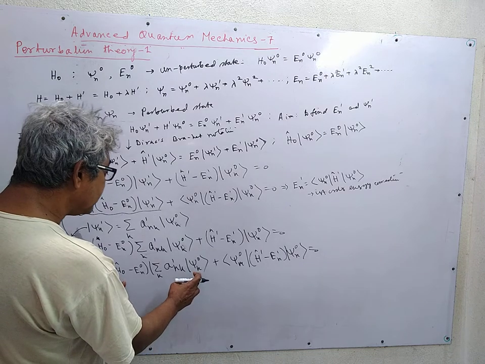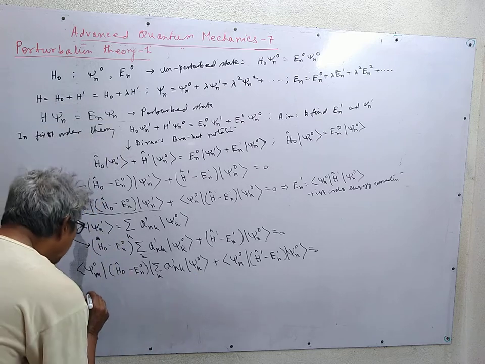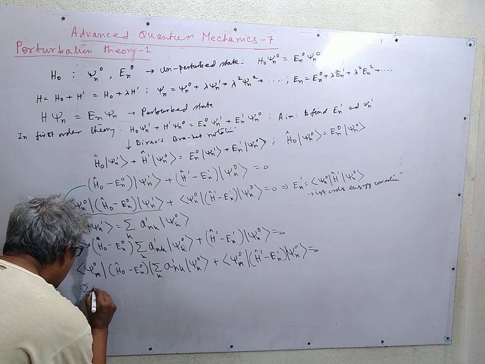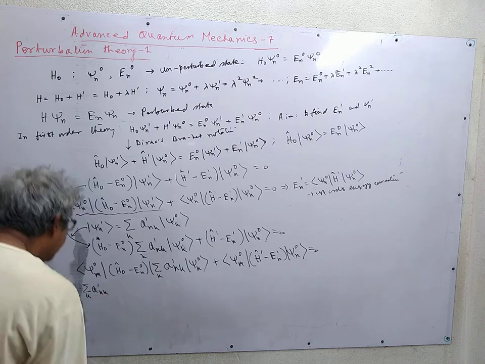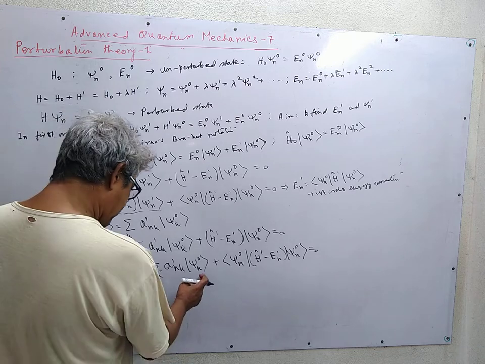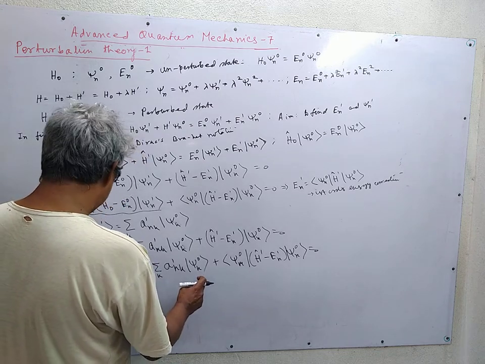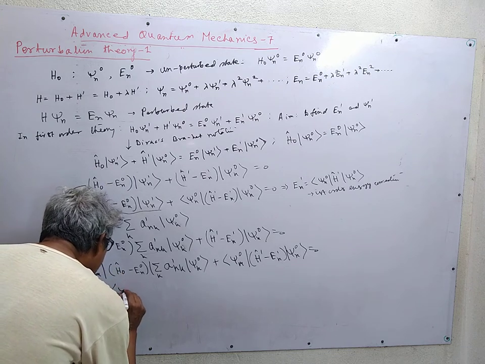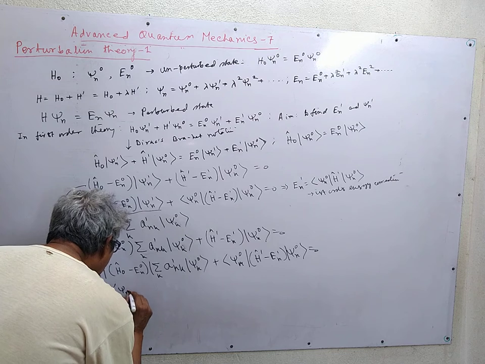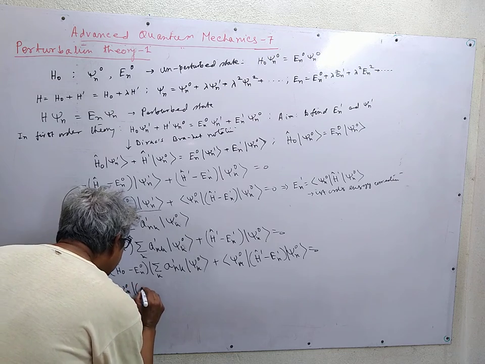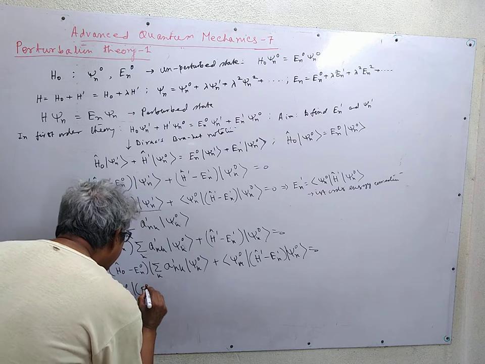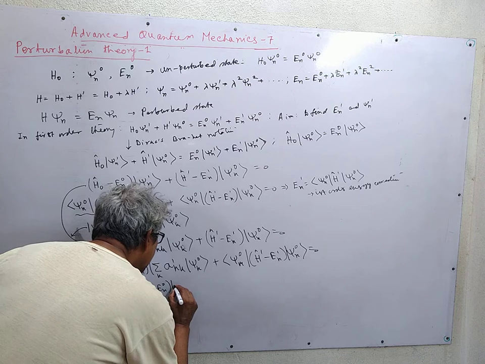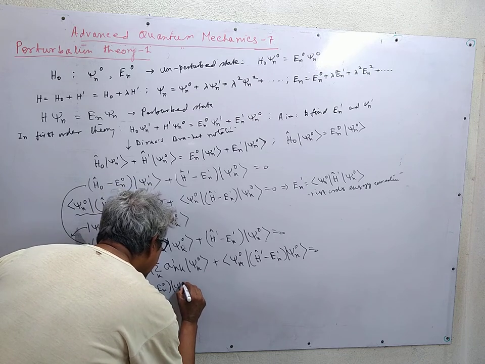When this operates on this, let me take the sum over k out, ANK1 is taken out. When this operates on this, we get EK0, so this is psi M0, EK0 minus En0 times psi K0.